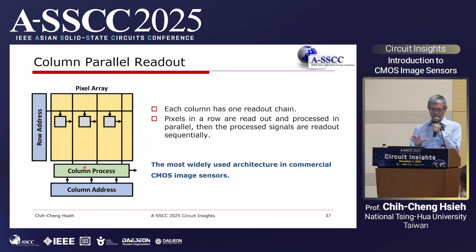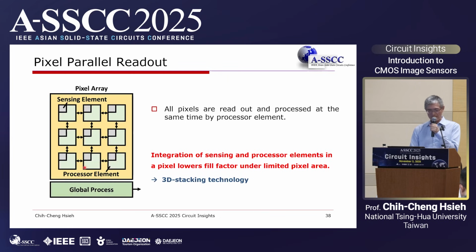And for sure, there's some mismatch you need to deal with, but through some calibration and through some circuit techniques, you can deal with the column-to-column mismatch. So far, column parallel architecture is the mainstream in the market. And the pixel parallel readout can provide a high throughput for some advanced applications.